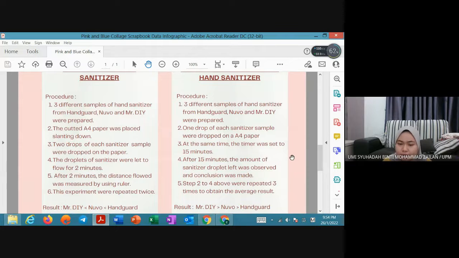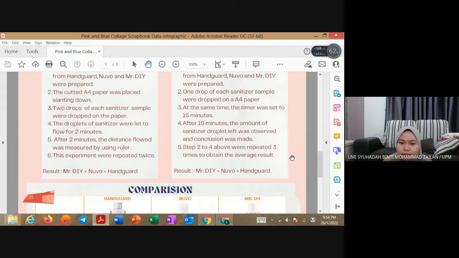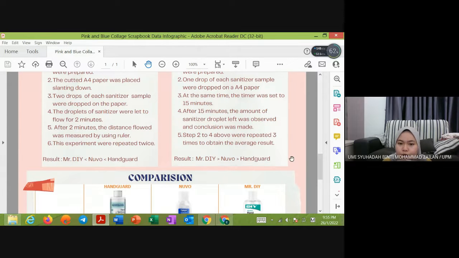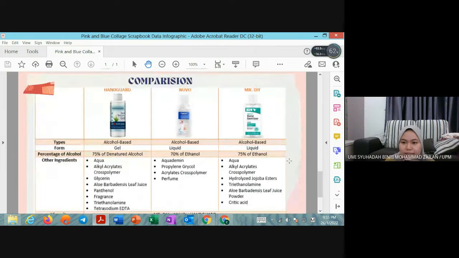Each hand sanitizer was dropped, 1 drop on A4 paper, and the timer was set to 15 minutes. After 15 minutes, the amount of sanitizer droplet left was observed and conclusions were made. Steps 2 to 4 were repeated 3 times to obtain the average result. We concluded that Mr. DIY has the highest rate of vaporization and Handguard has the lowest. I'm going to pass the presentation to the next presenter.